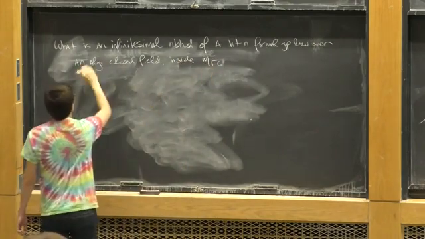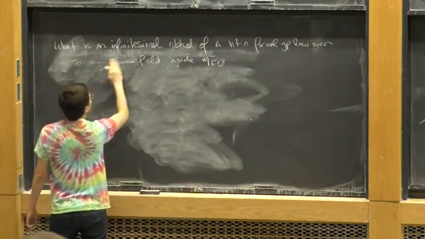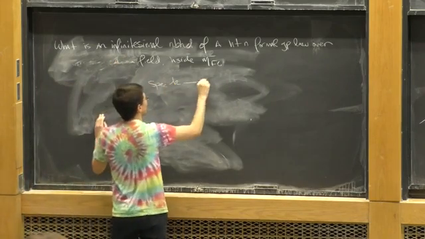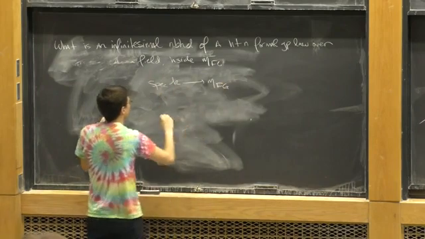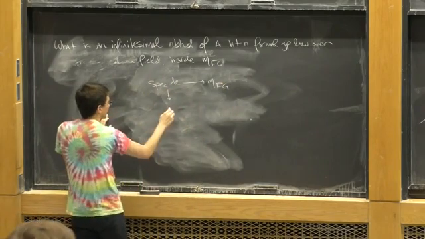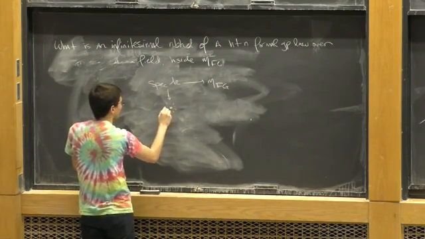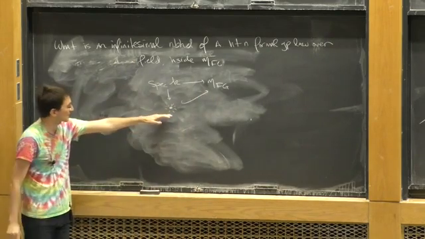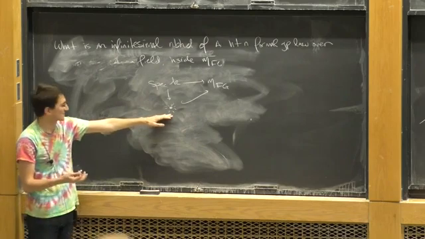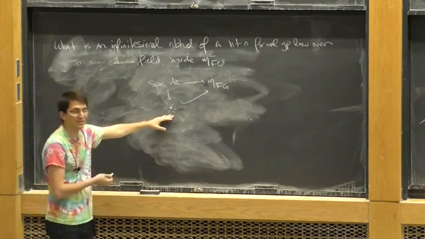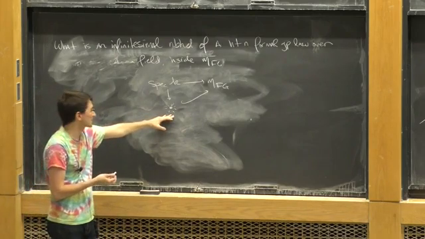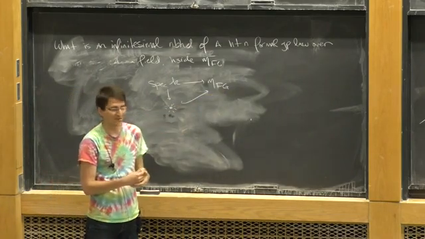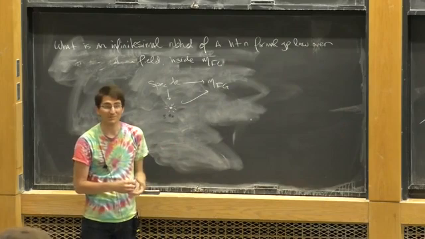So I have a map from Spec of a field into MFG, and I want to describe this complete, hopefully Noetherian, local ring, the Spf of which is the infinitesimal neighborhood of this point.